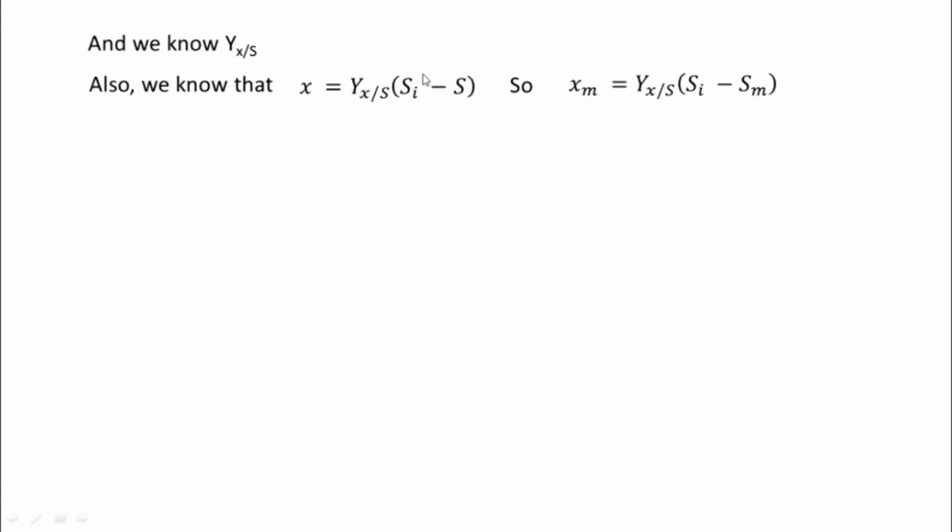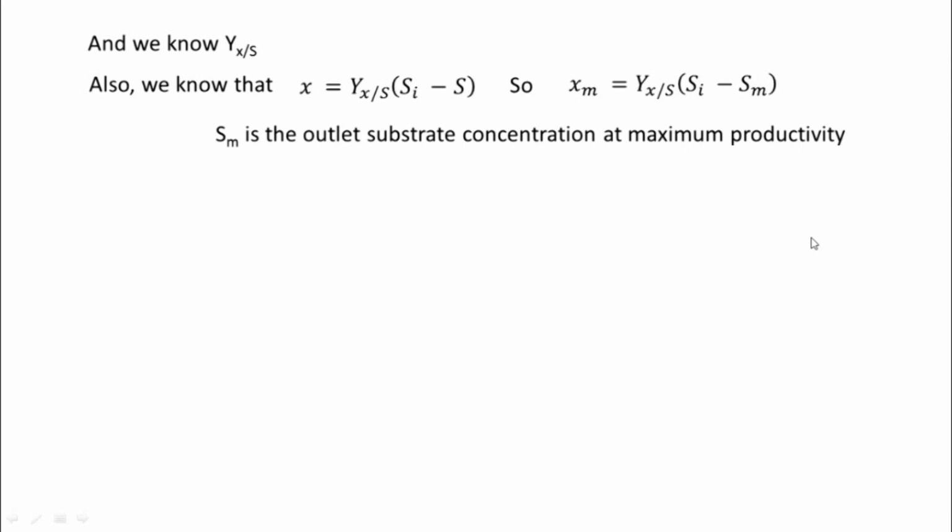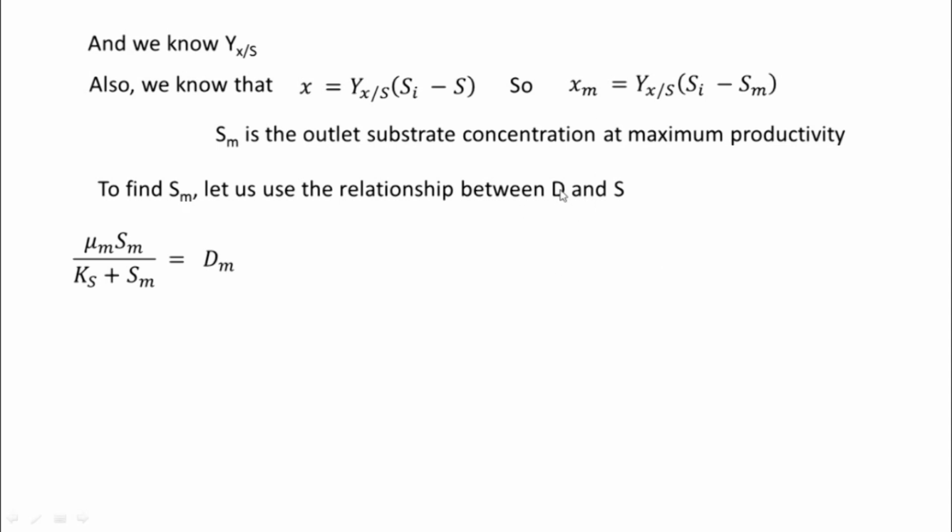if you substitute the conditions for the maximum, then we would get Xm here, the maximum cell concentration, and we get Sm here. So Yxs times Si minus Sm. Sm is the substrate concentration in the outlet which corresponds to the maximum cell concentration Xm, maximum productivity. To find Sm, let us use the relationship between D and S. I hope you are able to follow all the interrelated aspects.